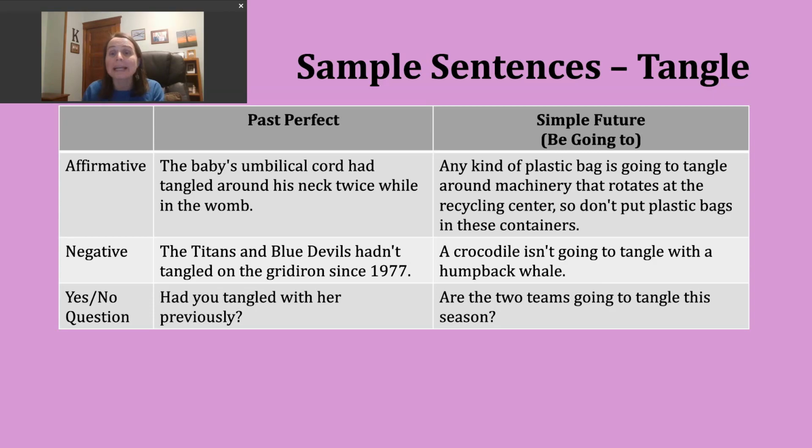Now let's talk about making a negative simple future sentence. If you want to do this, again, we're going to pay attention to our subject, so we use the correct form of be. Then we'll use not going to, and then the base verb. Here's another example. A crocodile isn't going to tangle with a humpback whale. Okay.